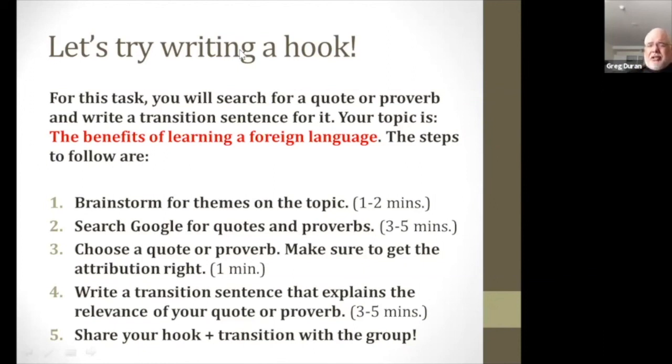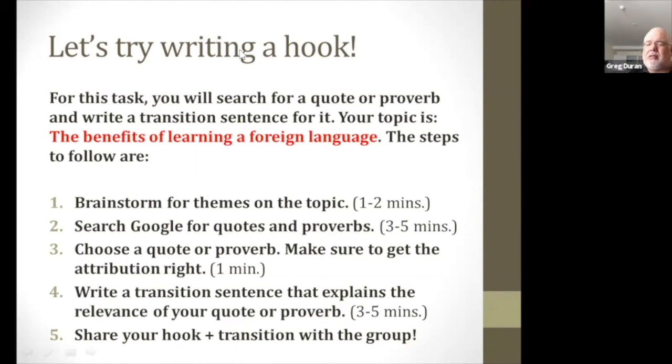Not so much that you're explaining the proverb, but you're acknowledging and transitioning from the proverb. A lot of the proverbs explain themselves, right? So it's not necessarily useful for you to repeat some of the things, but it is useful for you to transition.